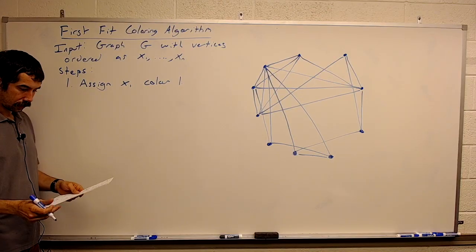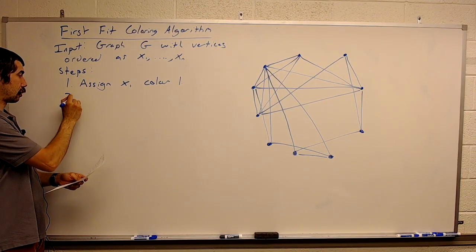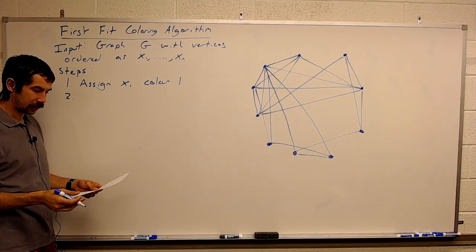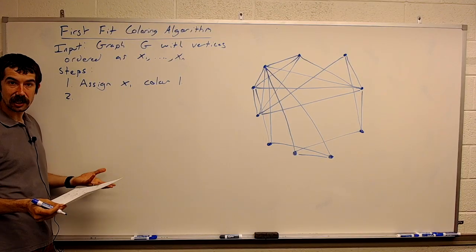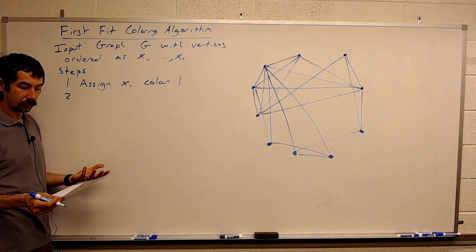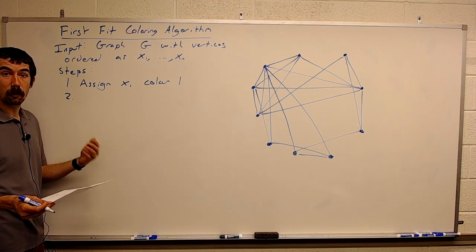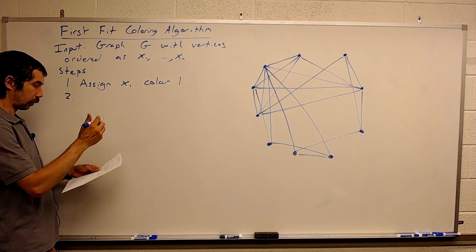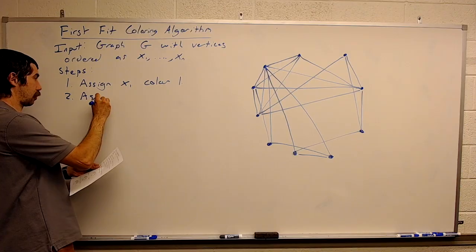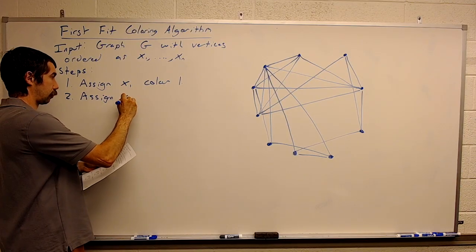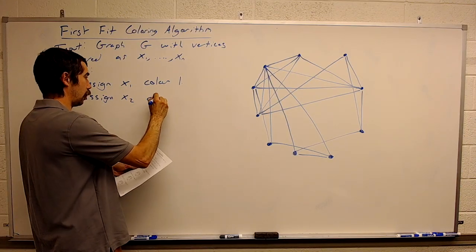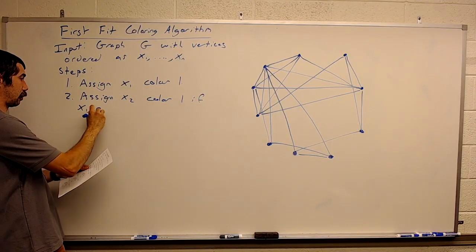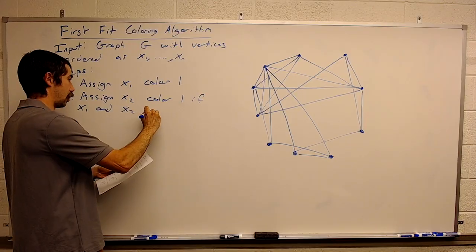Step 2 is we're going to assign x2, the next vertex, color 1 if possible.